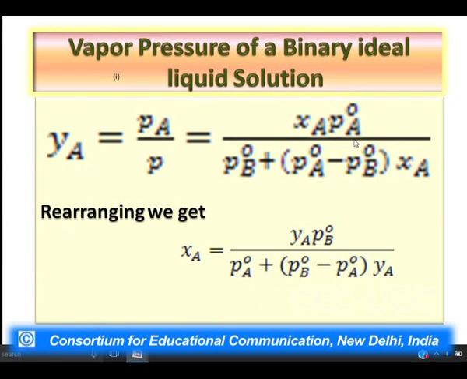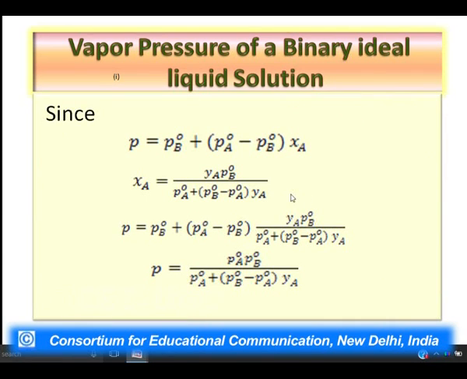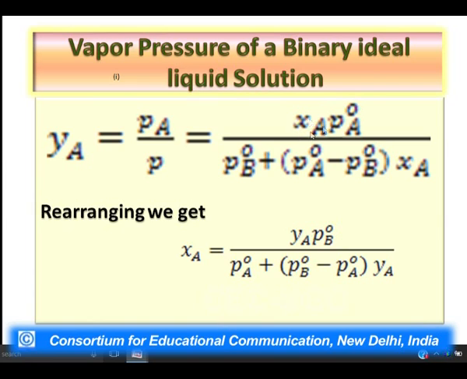That is, PA naught is the vapor pressure of pure component A, PB naught is vapor pressure of pure component B, and XA is amount fraction of component A in liquid phase. So it means if we have composition in liquid phase and vapor pressure of pure components A and B, then we can easily obtain amount fraction of a particular component in the vapor phase.